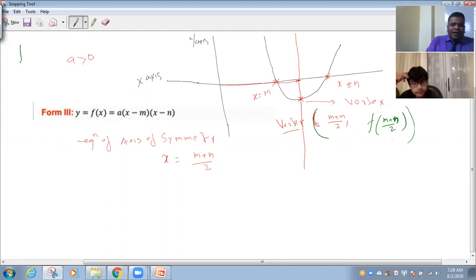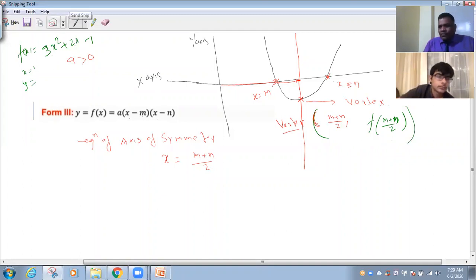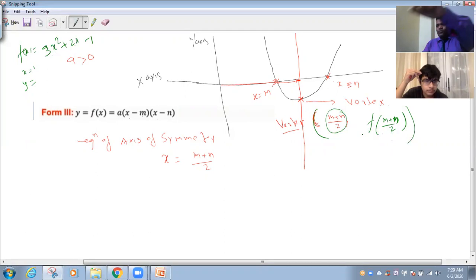Let us say I know f of x is equal to 3x squared plus 2x minus 1. If you know the x value, let us say x is equal to 1, then what is y? If I put 1 in this function, we get the value of y. The same here: the x value is m plus n by 2. So what is the y value? I put the value into the function, and we'll get the y coordinate. Great.